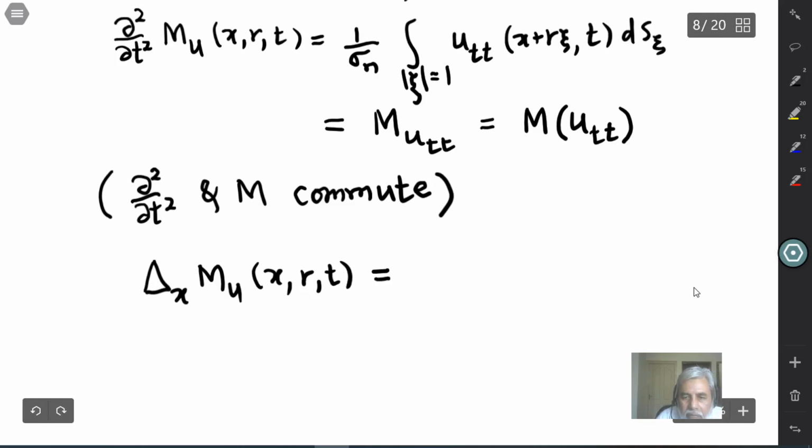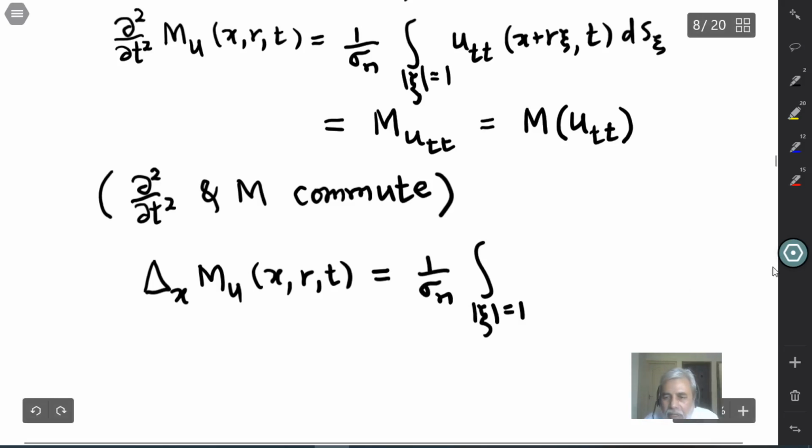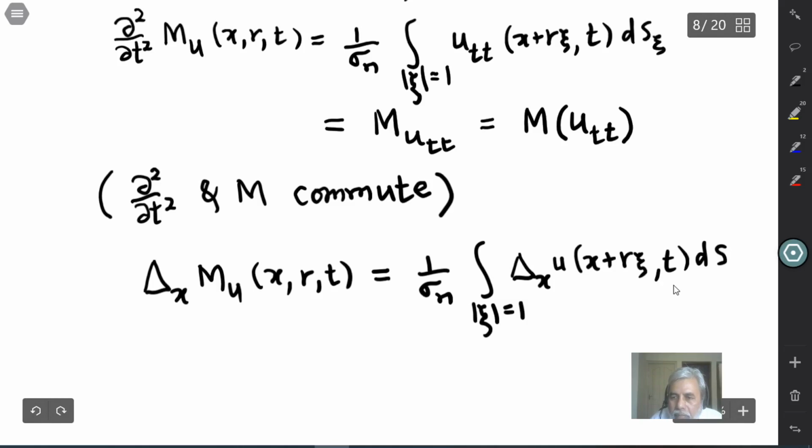If x and j were coupled, we could not do this, but since in the integrand x and j are not coupled, we can do this. And that is the same thing as m of the Laplacian of u.